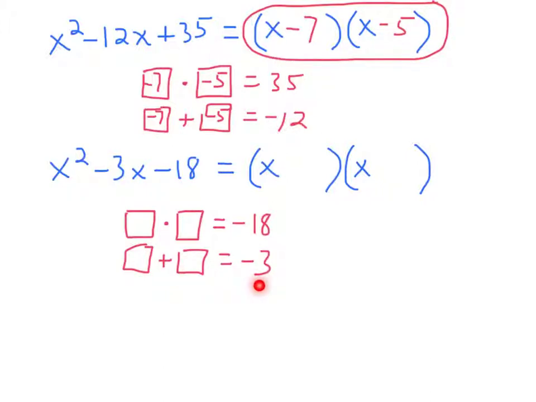Now that's really telling you that the negative number has to be the bigger number, because when you add a positive and a negative, the sign of the larger number carries into the answer. So after thinking this through, the numbers are negative 6 and positive 3. So negative 6 times 3 is negative 18, and negative 6 plus 3 equals negative 3. Okay, so those are the two numbers. So it's going to be x minus 6 and x plus 3.